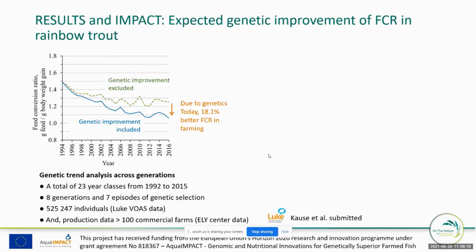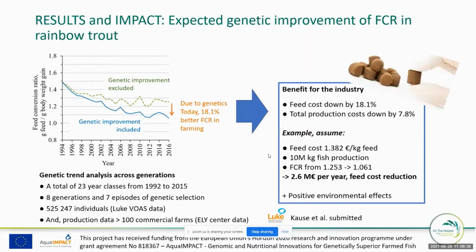And the blue line shows the FCR when the genetic improvement by the breeding program is included in the farm performance. The result shows that if we use the present day genetic material, then the FCR is improved by 18%. And it means directly that the feed costs are down by 18%.